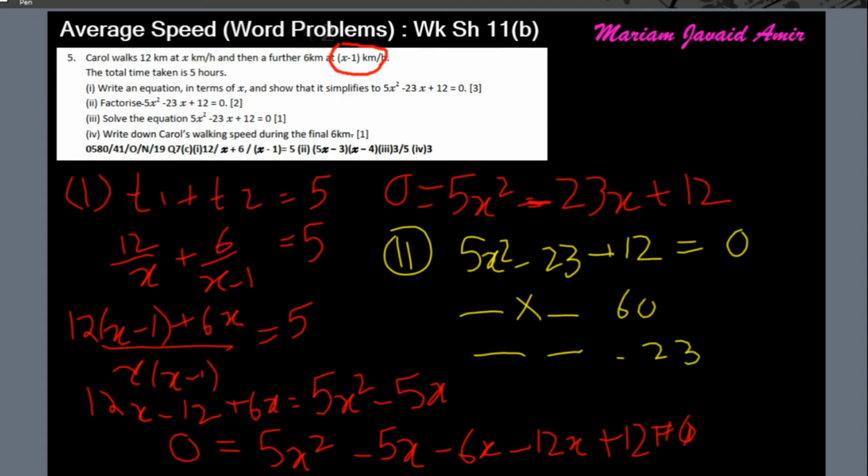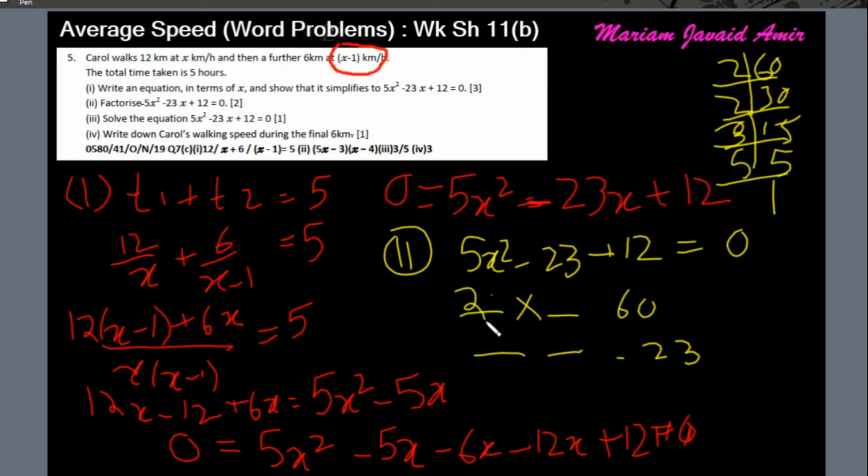So let's factorize 60. 20 times 3 should do the trick, minus 20 minus 3.